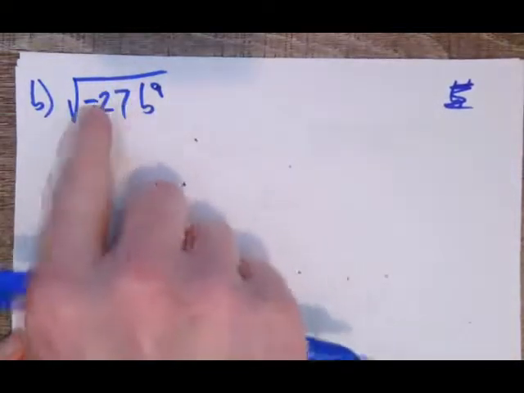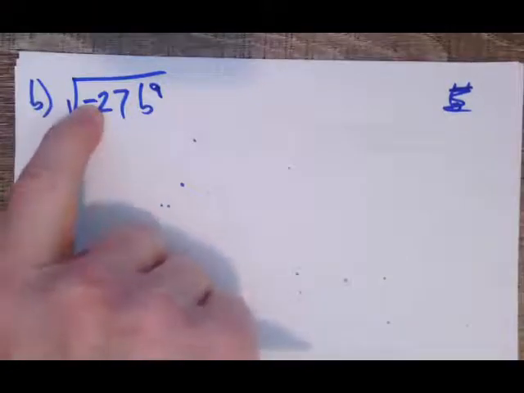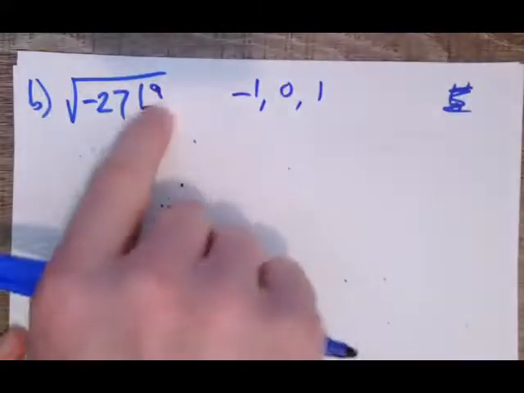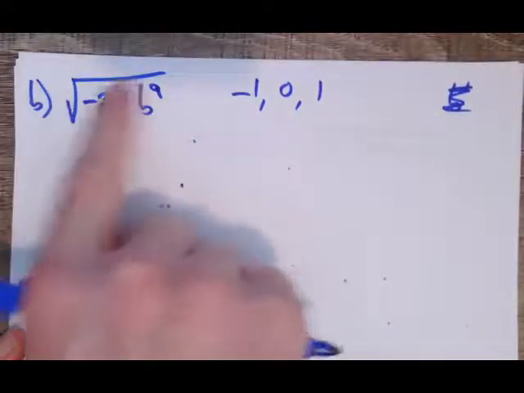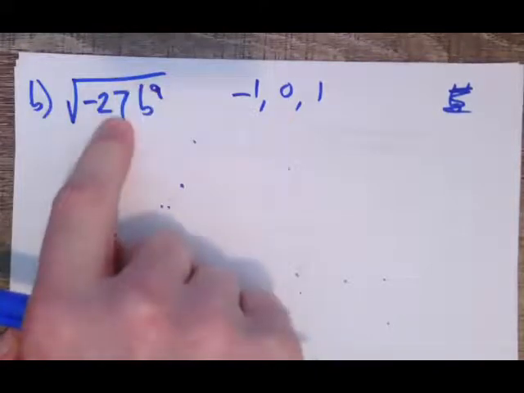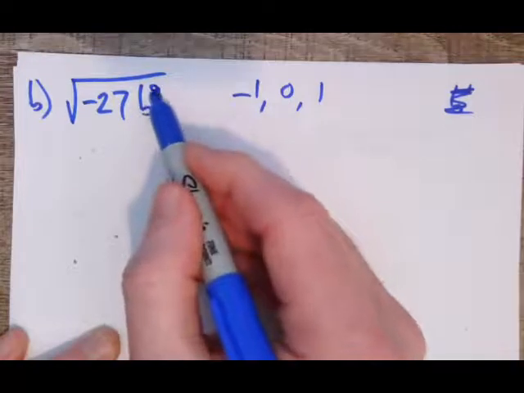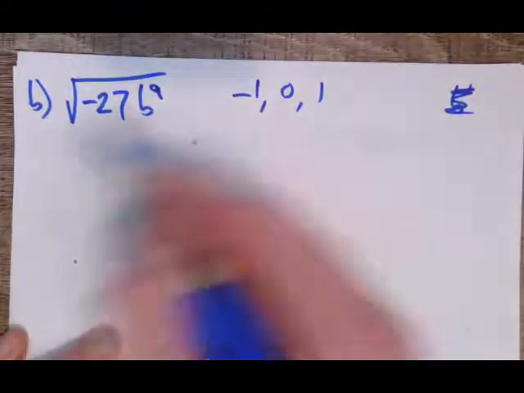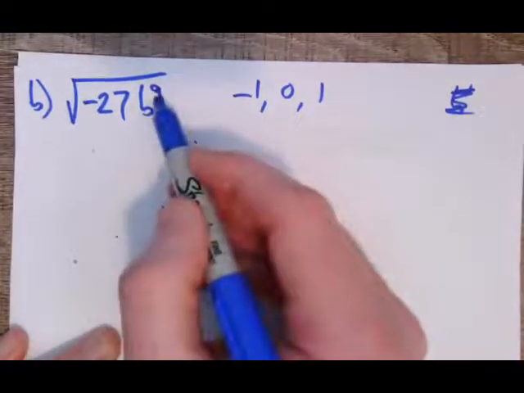27, who cares? As far as figuring out what can be equal, the negative is what matters. If this is negative times a negative, then we're good. That gets rid of the imaginary number situation. So if you try -1 to the power of 9, all you have to think is whether it's even or odd. If it's even, -1 to an even power is +1. -1 to an odd number is negative.